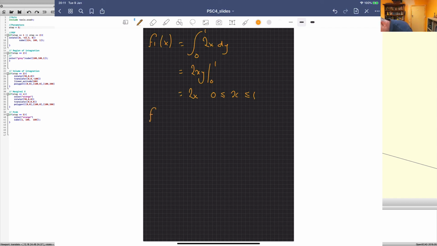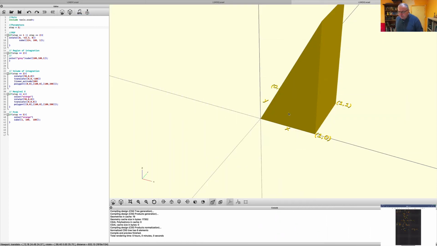Now let's get the marginal for the second variable, which is our y. That is going to be the integral from 0 to 1 of 2x dx. So we're integrating out x, which gives x squared from 0 to 1, which is 1, for y between 0 and 1. Okay, let's go back and look at our picture and see what we've done there.